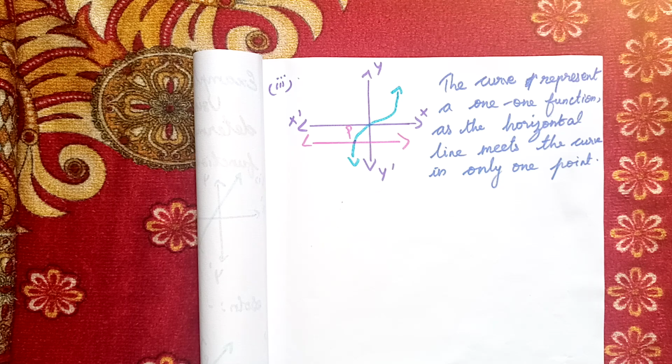Distinct elements in A have distinct images in B, and range is equal to the codomain. Next, horizontal line test. If the horizontal line meets the curve at most at one point, it is a one-one function. Otherwise, it is not a one-one function.